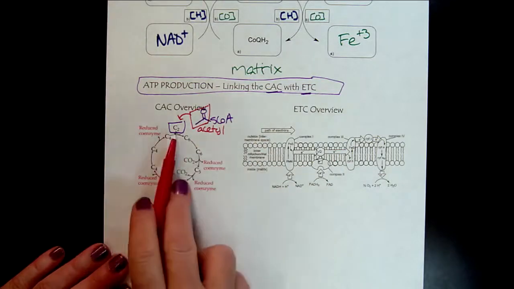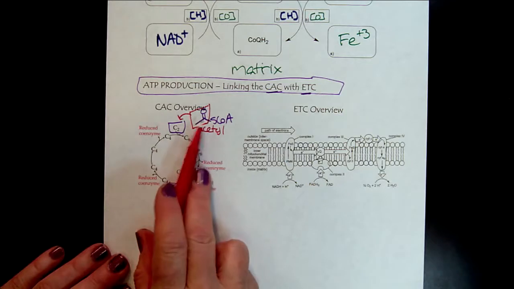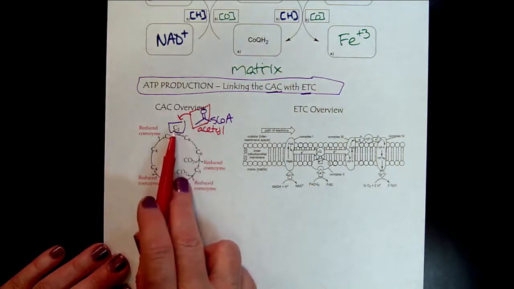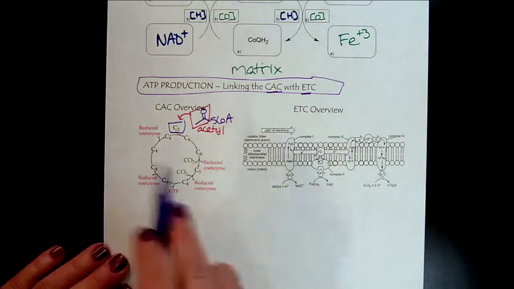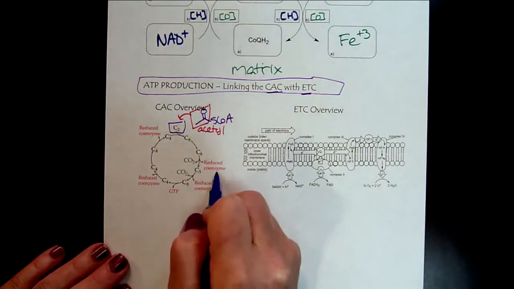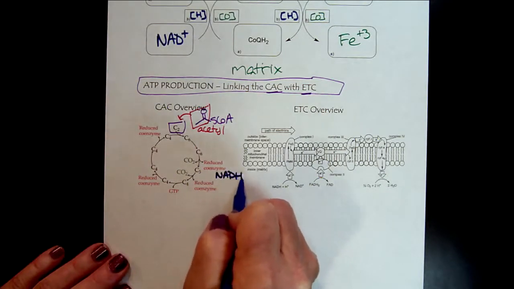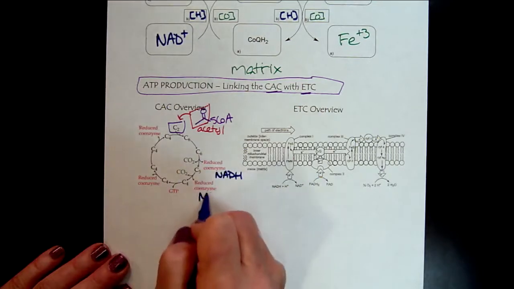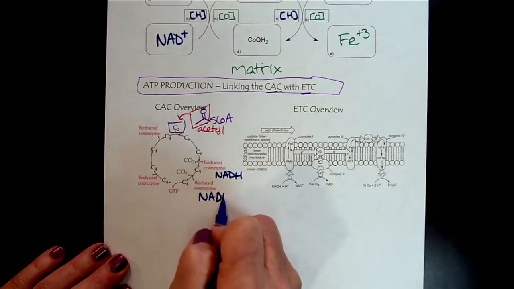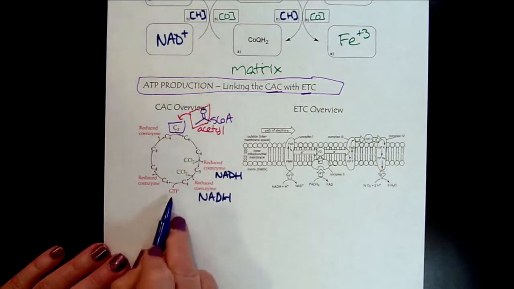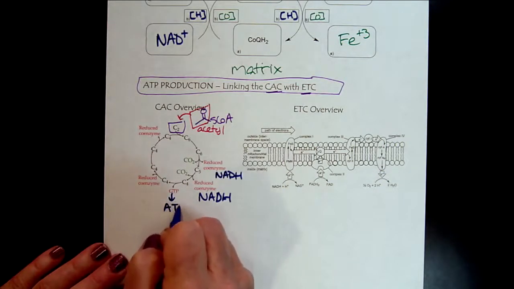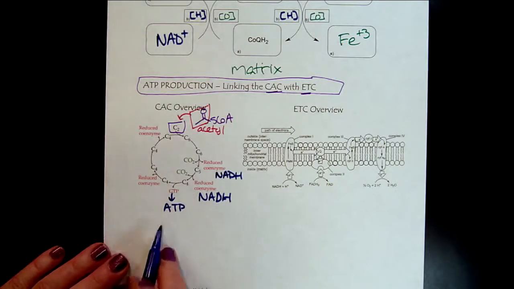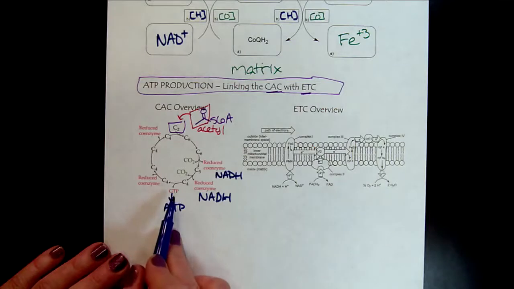Okay, and so every time an acetyl-CoA hands off 2 electrons to the citric acid cycle, we end up with reduced coenzymes. We end up with an NADH here and another NADH here. And then we get the GTP, which the body is very capable of isomerizing to ATP. And some textbooks even show ATP instead of GTP.